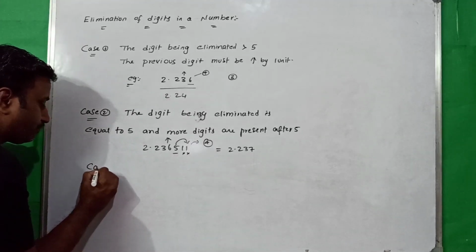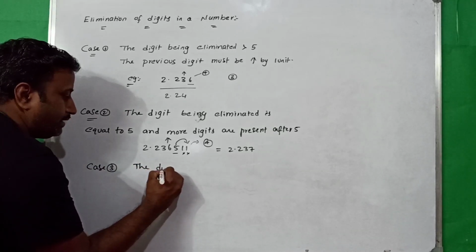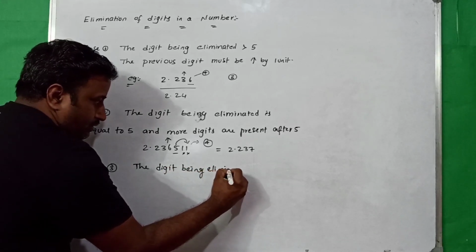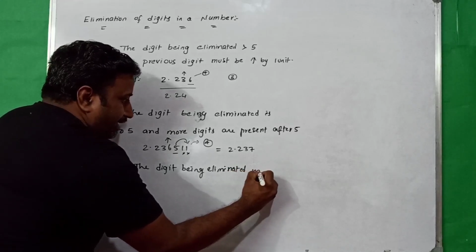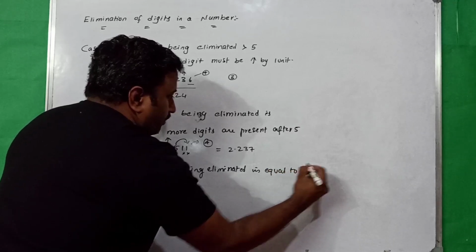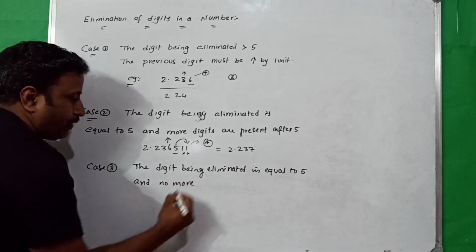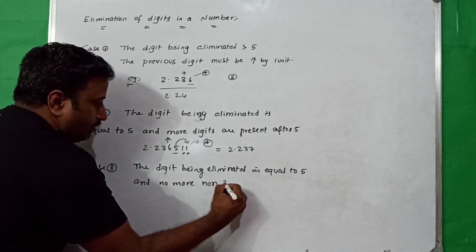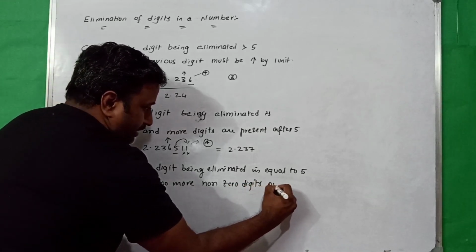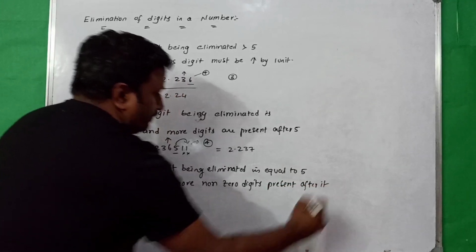Case 3, the digit being eliminated is equal to 5 and no more non-zero digits present after it.